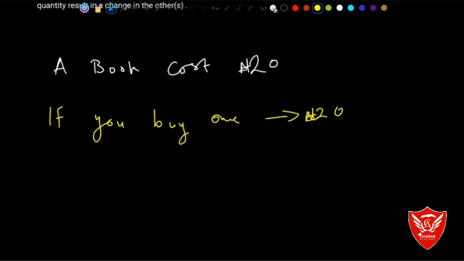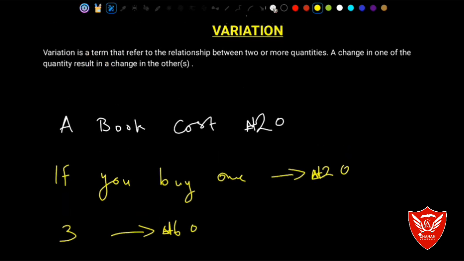Now, if you decide to buy 3, the price goes up. It becomes 60 naira. In this case, a change in the quantity you buy also affects the cost of what you're going to pay. So that's what variation is talking about.